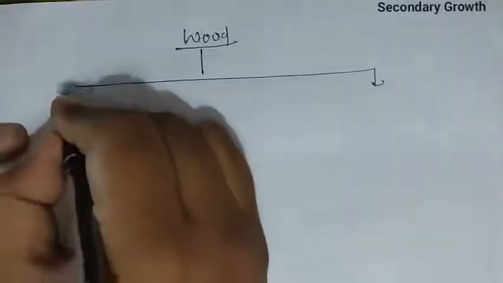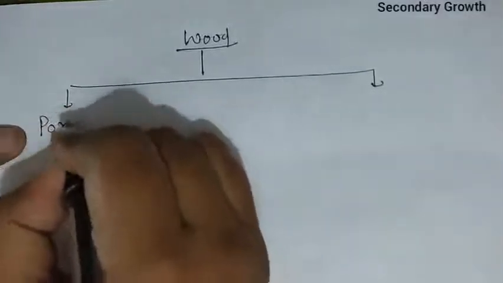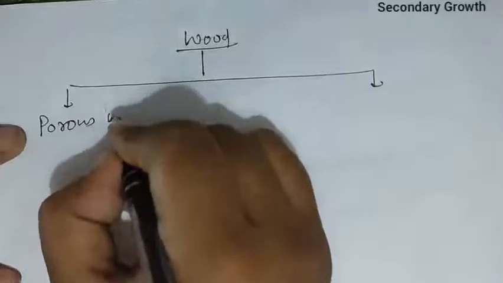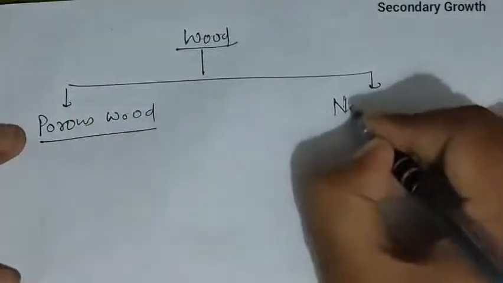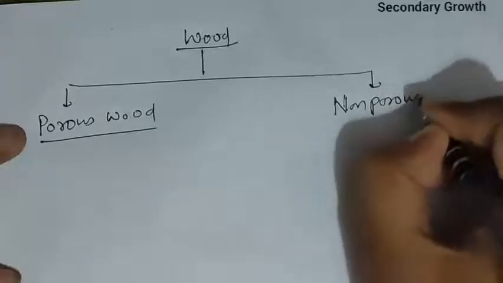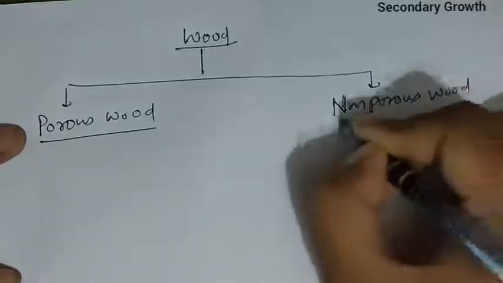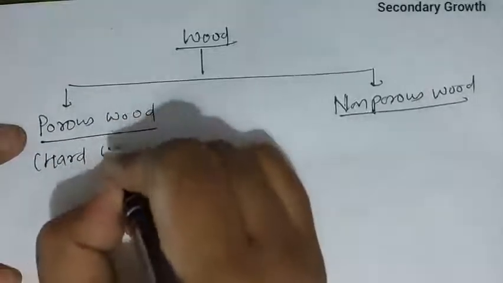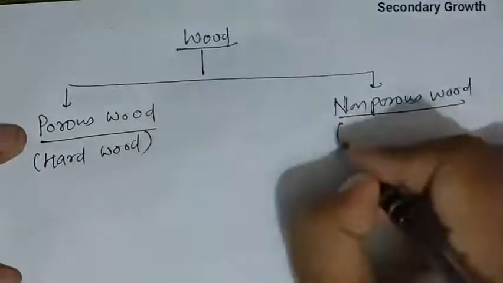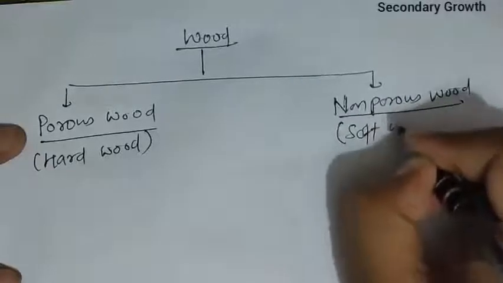They are of two types, that is porous wood and non-porous wood. Now this porous wood is also known as hardwood, and non-porous wood is known as softwood.